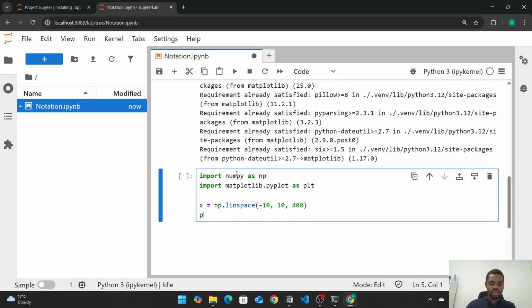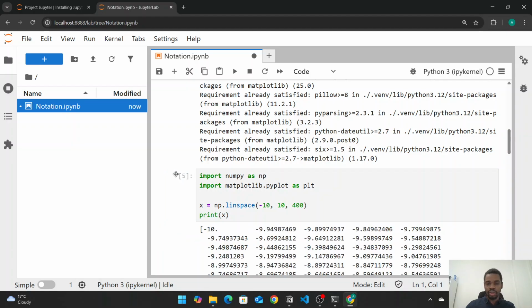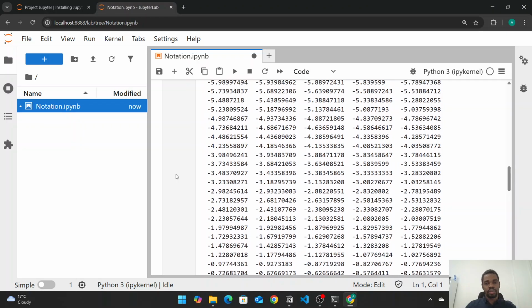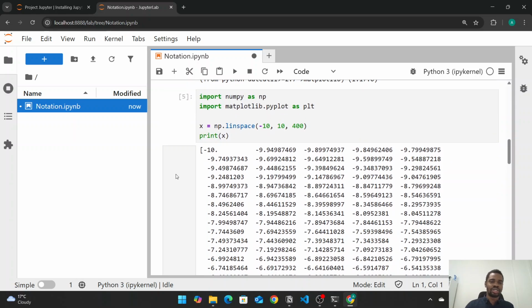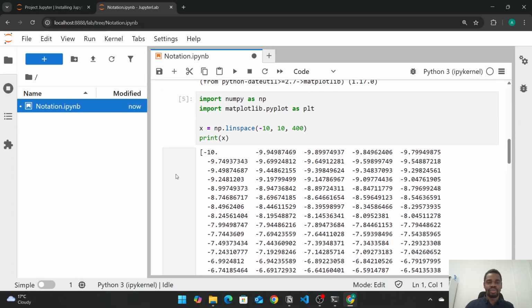So we can print that. Let me print that out for you to give you a feel how it looks like. I'll say 400 discrete values from minus 10 to 10 equally spaced.